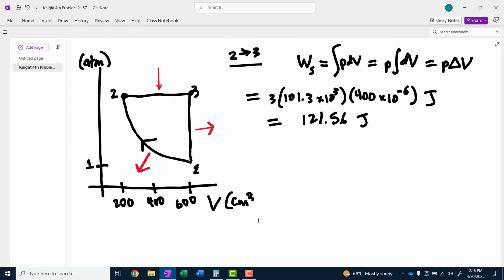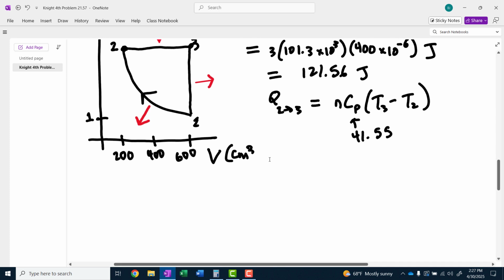So down here, we'll say that the heat for process 2 to 3 is nCΔT. So n C sub P times delta T, excuse me, so T3 minus T2, where this number is that 41.55.